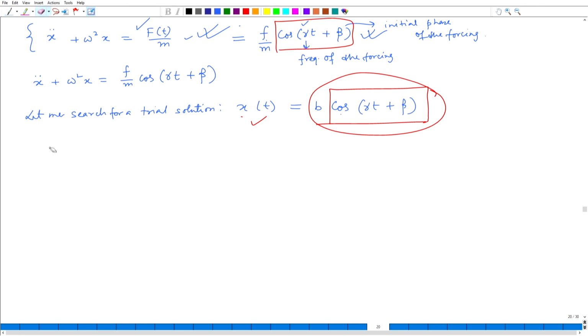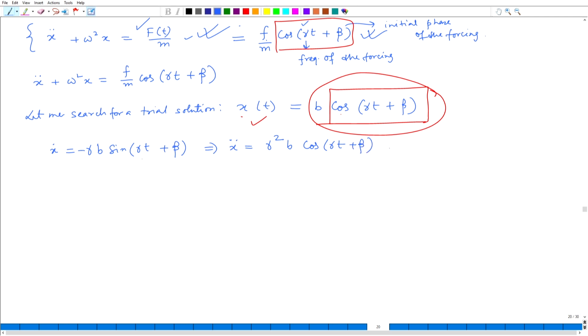And if we do that, you can then write what x double dot will be. So, I have to just calculate x dot. x dot will be minus gamma b sin(gamma t plus beta), and x double dot will be minus gamma square b cos(gamma t plus beta).